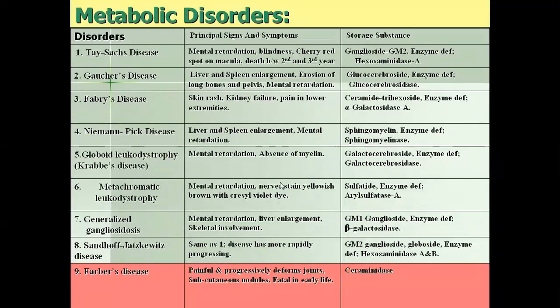Number 2, Gaucher disease. In infancy and childhood, there is early acute onset with a rapid course and death in several years. Infants show weight loss, failure to grow, and progressive mental retardation.